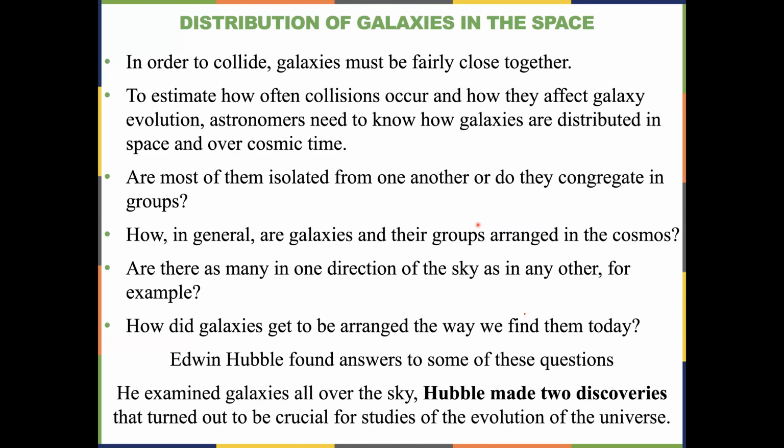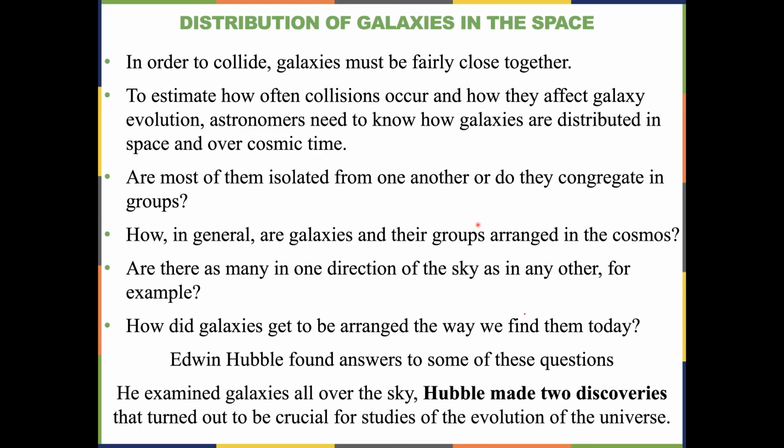So we have results from the simulation and also from the Hubble Space Telescope images that galaxies are colliding with each other, and this process is more common in the earlier universe, right?